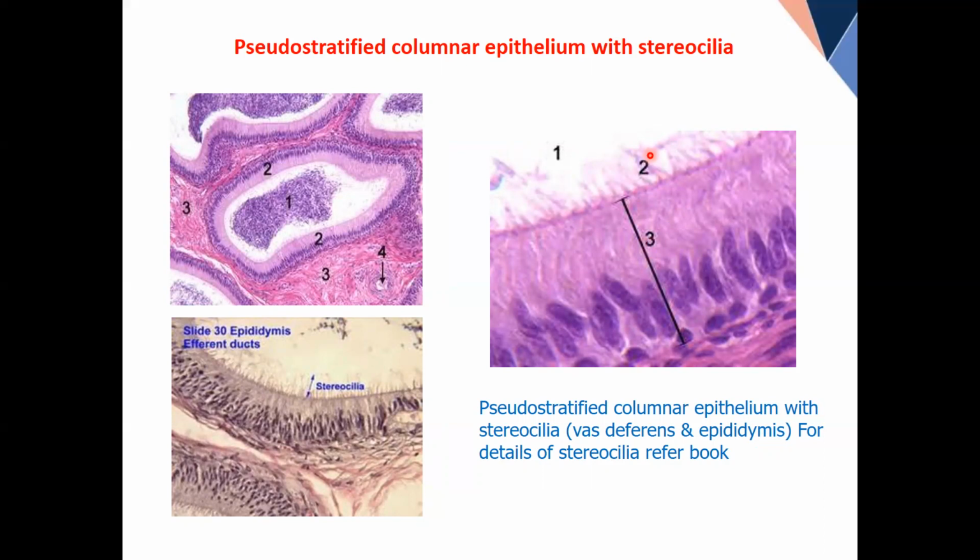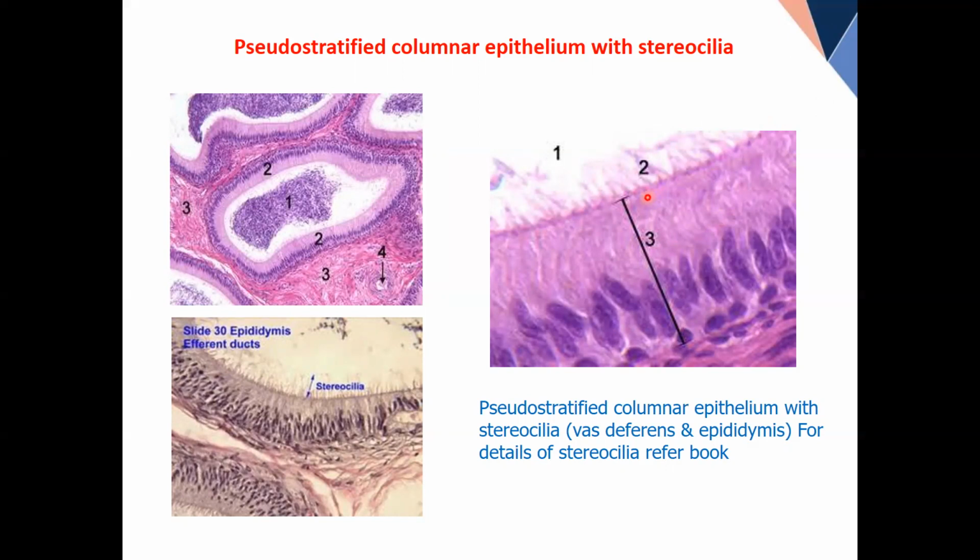Remember, if we have to differentiate a pseudo-stratified epithelium from a true stratified epithelium where the cells are arranged in many layers, we use these two points. Point number one, pseudo-stratified epithelium shows polarity. You will not see any nucleus of any cell in the upper part of the cell.